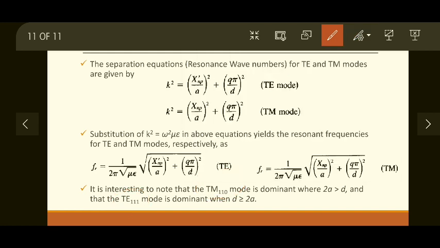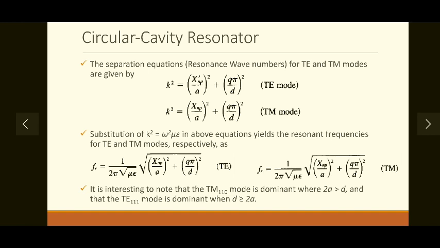So that is all about rectangular and circular cavity resonators. In this we have seen what a resonator is and where it is used. A resonator is primarily used for storing electromagnetic energy. It can be used in VCOs, filters, oscillators, CROs, frequency meters, different applications.